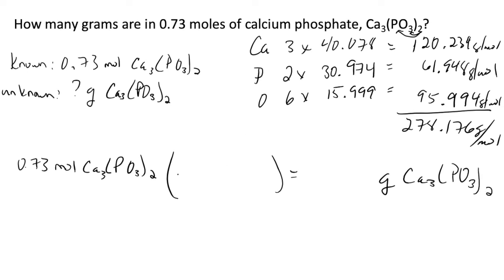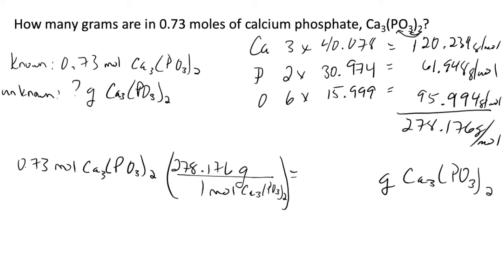And we are going to cancel out moles, which means moles will be at the bottom. And we're going to leave grams at the top. And the number always goes with the grams. The mass always goes with the grams.